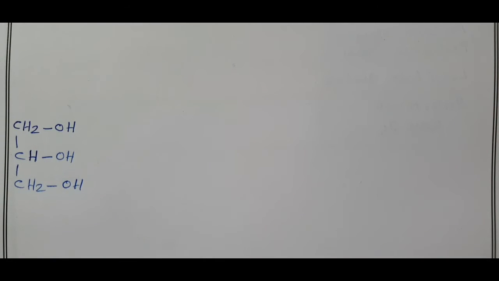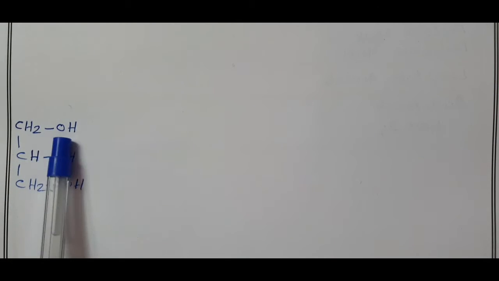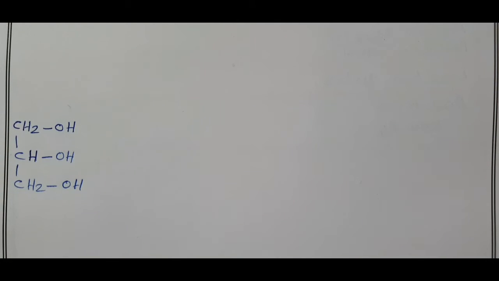The first and third carbon atoms are primary alcoholic carbon atoms, the center carbon is a secondary alcoholic carbon atom. First I am going to oxidize the primary alcohol. Primary alcohol on oxidation gives an aldehyde, which on further oxidation gives an acid.